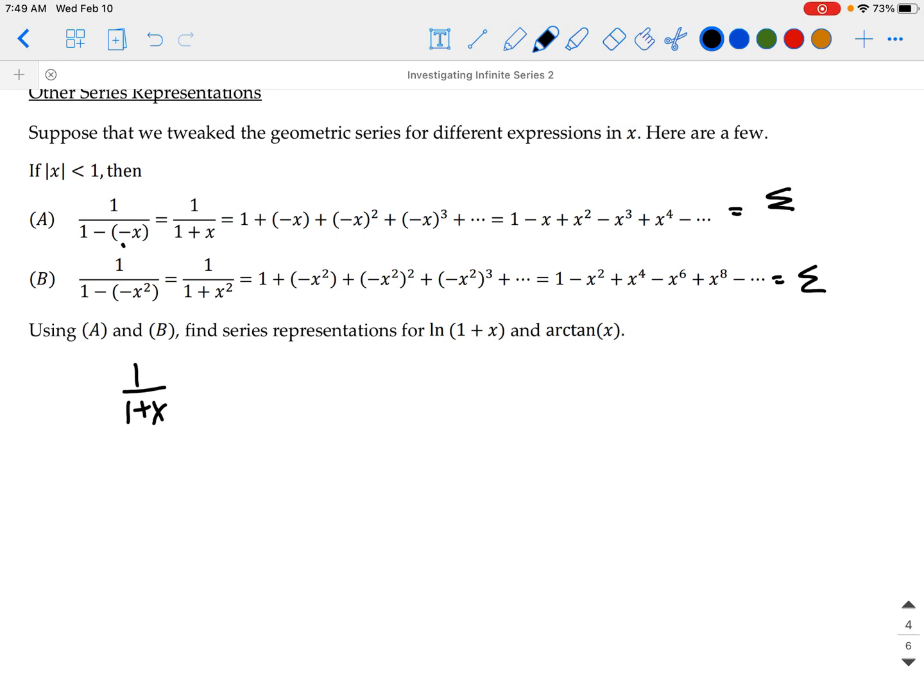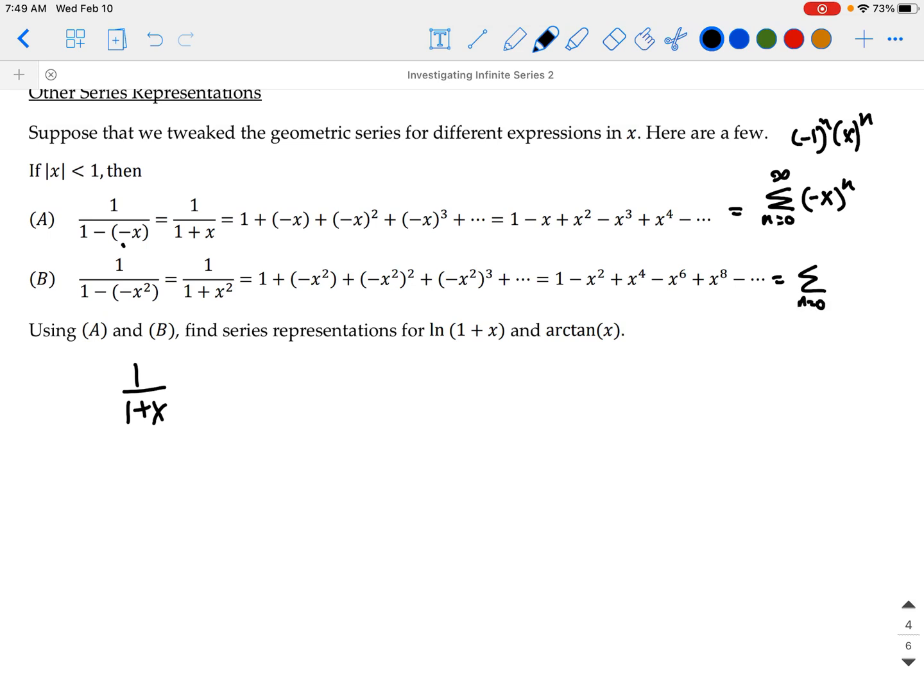So for A, we're going to have this alternating series. So now we'll have negative x to the n instead of just x to the n. So again, we just literally replace the x with whatever we're substituting it for, which is going to give us this alternating -1. So you could also write it as -1 to the n, x to the n if you wanted to.